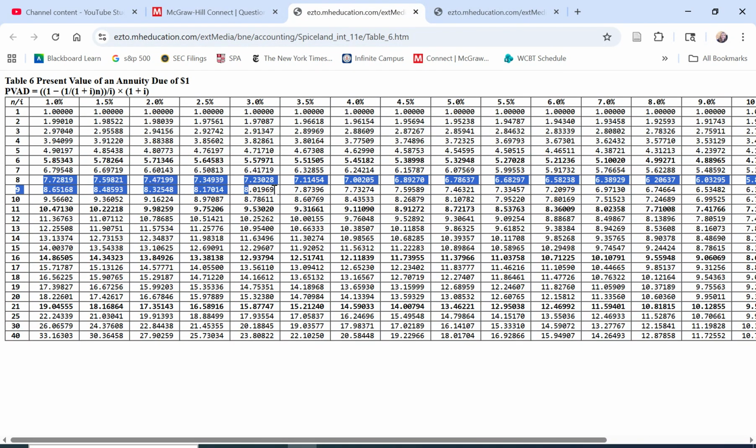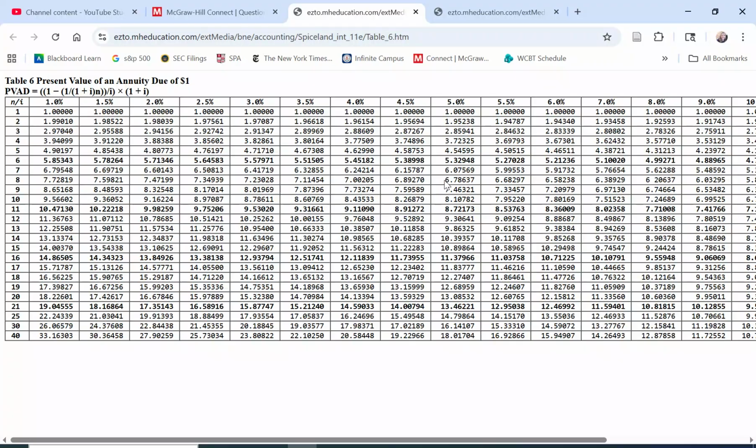N equals 8, and I'm going over to 5%. My present value factor is 6.78637.